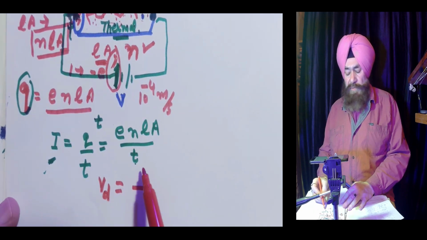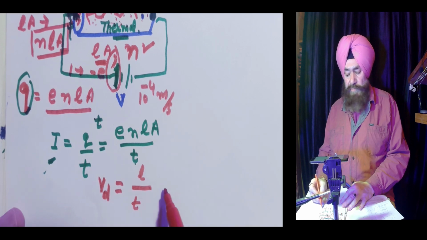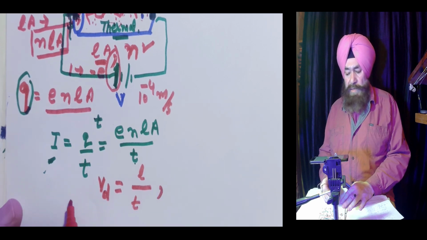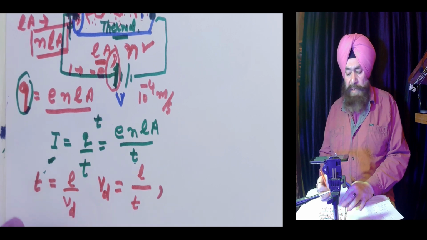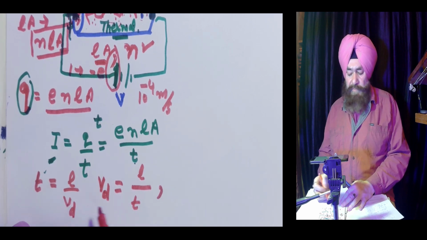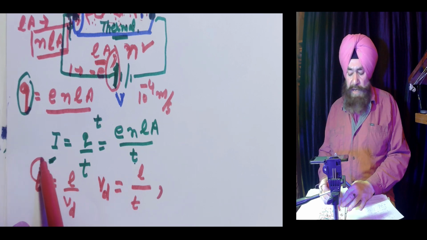So drift velocity is distance over time, and t equals L upon Vd.